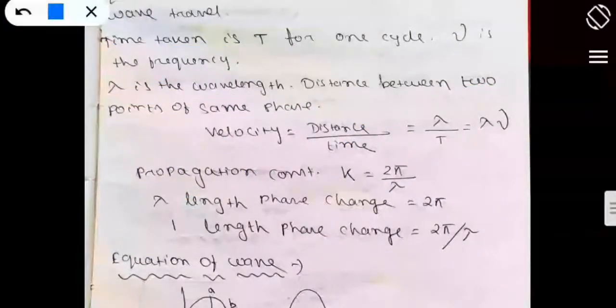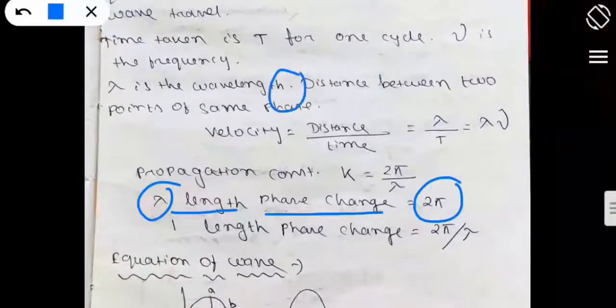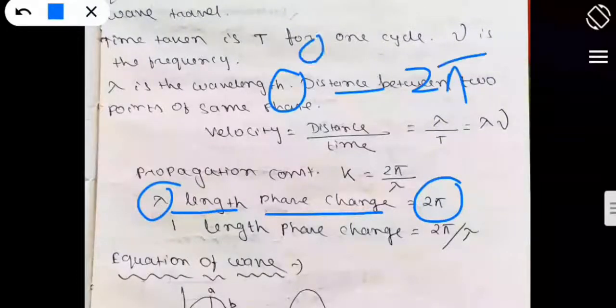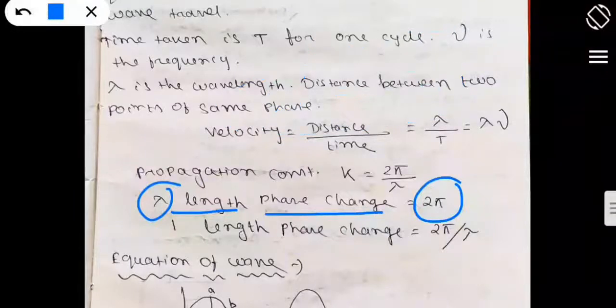And let us calculate the propagation constant K. What is known as the propagation constant? For the lambda length, how much has the phase changed? 2 pi. Just now I told you 0 to 2 pi, because the time taken is 0 to T, so the phase will obviously be 0 to 2 pi, right?